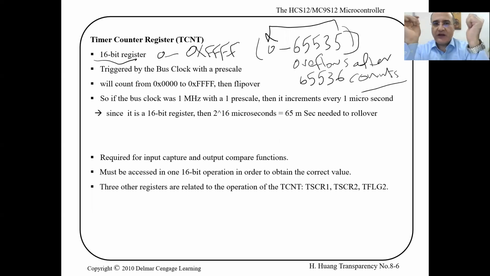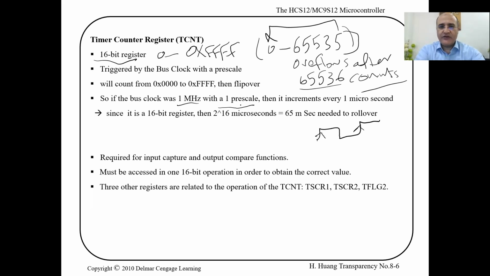So if you decide the clock rate at which it increments, and you know how fast it counts and the range it counts, you can use it to compute timing. Example, if you have a bus clock of 1 megahertz and you did not pre-scale it, using the clock as is, you get an increment every microsecond.